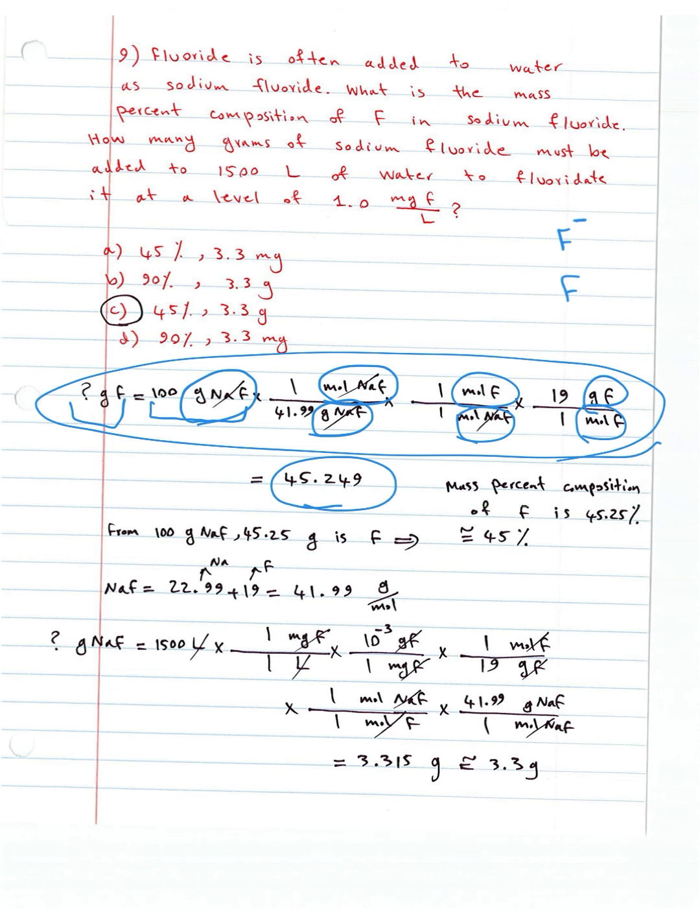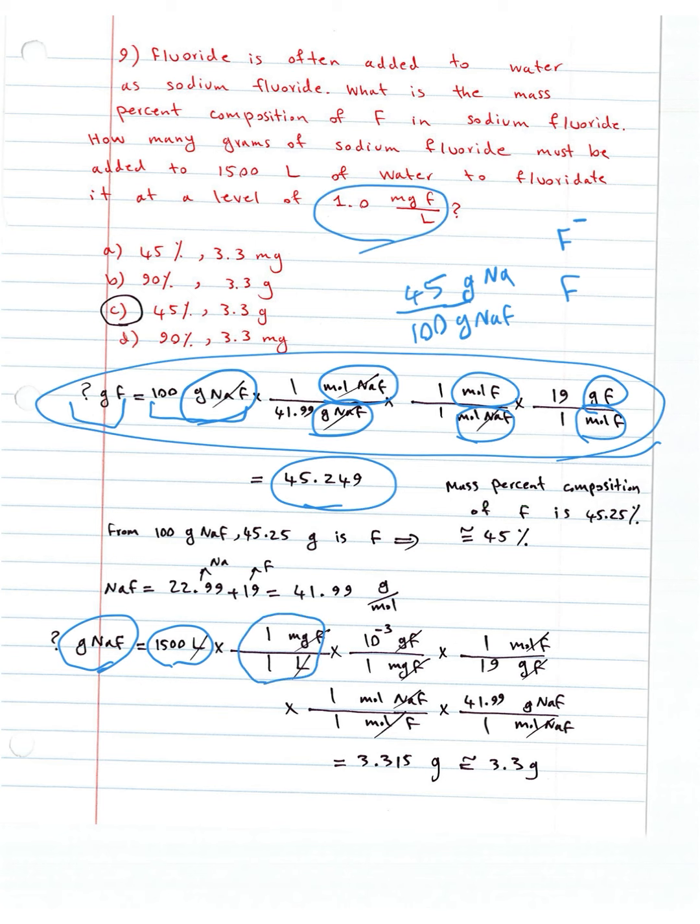So basically in 100 gram of NaF, you have like 45 gram of Na. So mass percent would be like 45%. And then here you want to find gram of NaF in 1500 liter, and you are given 1 milligram F to liter.